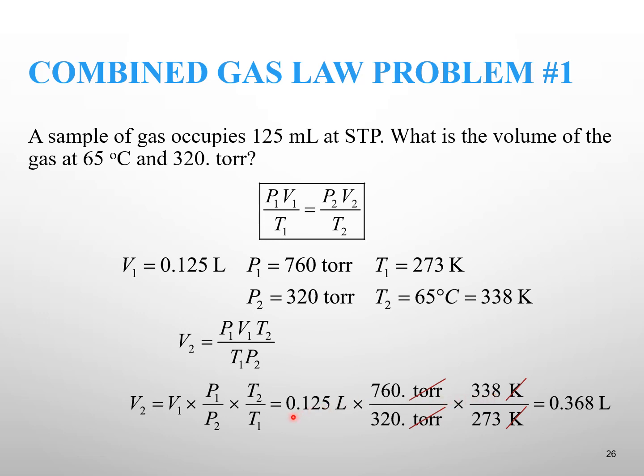So you just basically fill in the numbers according to the formula here, and you get your answer of 0.368 liters. You also want to make sure your units are the same, so torr and torr, Kelvin and Kelvin. Temperature must always use Kelvin.